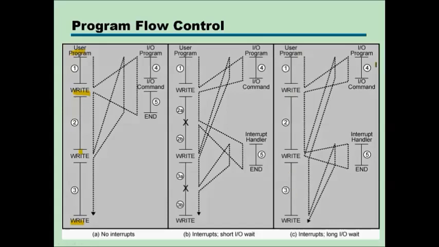So IO program, so IO command. After writing again, there is an interrupt handler. After the interrupt handler, write again. And then after that, check again, write. And then next, check again the interrupt handler, and then end. So this is the sample of program flow control with no interrupts, with short I/O wait with interrupts, and the long I/O wait with interrupts.